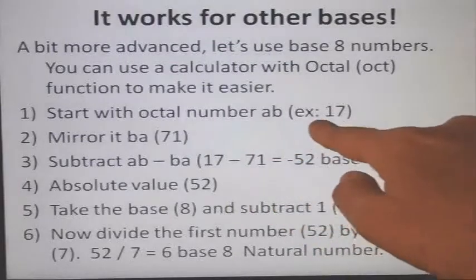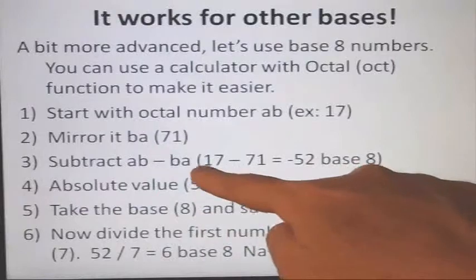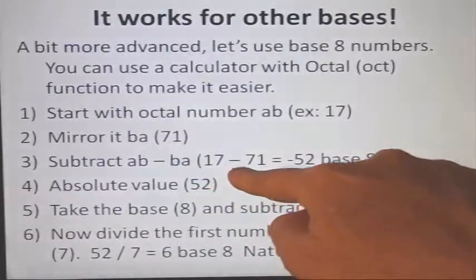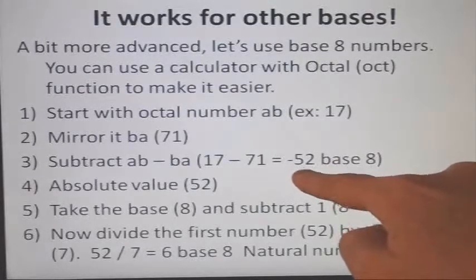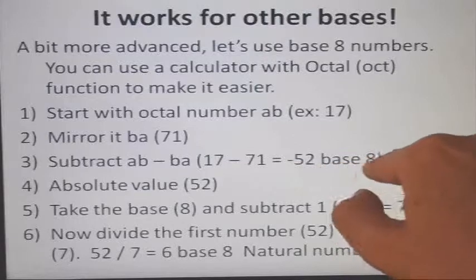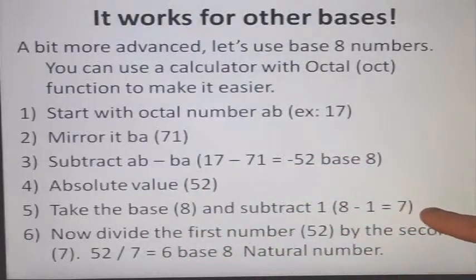Start with an octal number, 17. Mirror it, so we have 71. So we take our 17 minus 71, and we end with minus 52. Now normally in base 10 this would be 54, but this is base 8, so we end with 52, base 8.